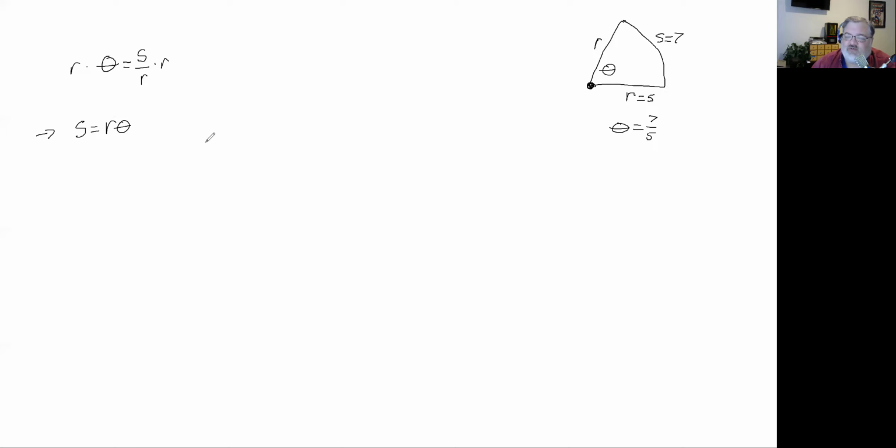This formula tells us if we want to know some arc length S, if we know the radius of the circle, let's make it 5, and we know this angle measure in radians, say 0.8 radians, then that arc length is just the product of the radius times the angle measure in radians.